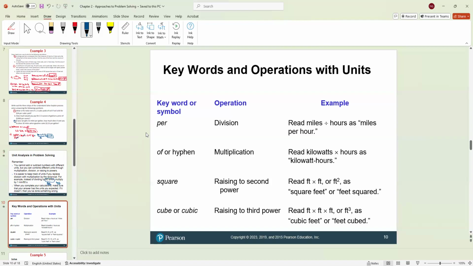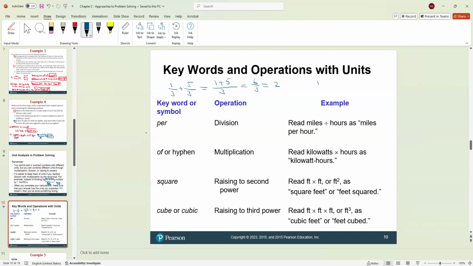And review your common factors when you add fractions. If fractions have the same base, like 1/3 plus 5/3, that has the same denominator, you keep it, you add the numerators. So that gives you 6/3. So it's 2.